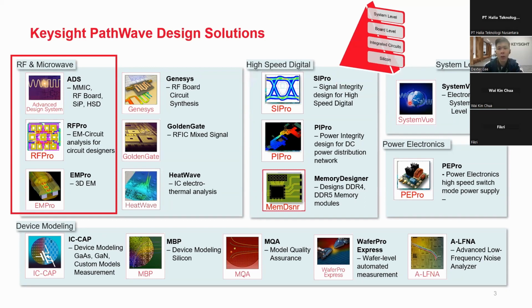For system level design, if you're looking into RF link budget, we have solutions for that. Power electronics, if you are designing DC-DC buck converters or phase shift inverters, we have solutions. Likewise for device modeling, if you're looking at model extractions, we have solutions on that.